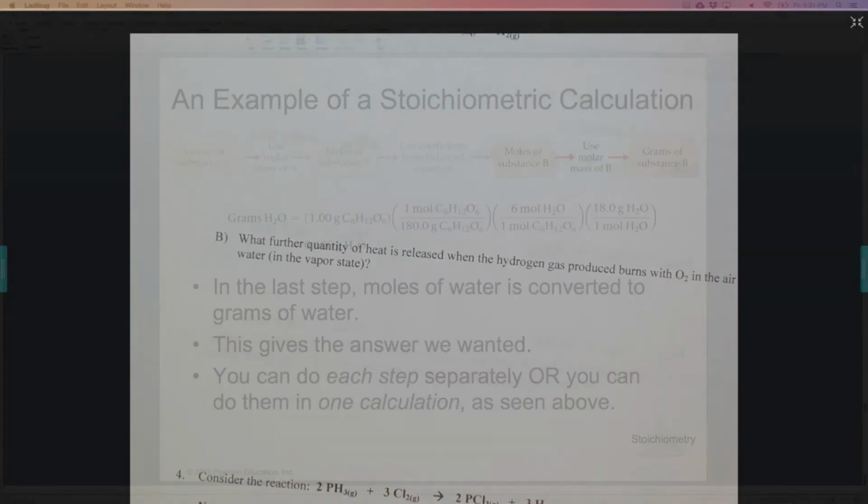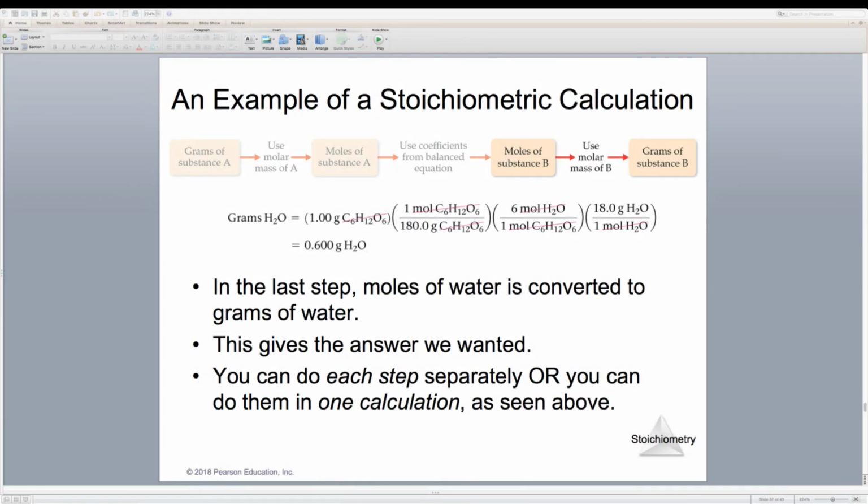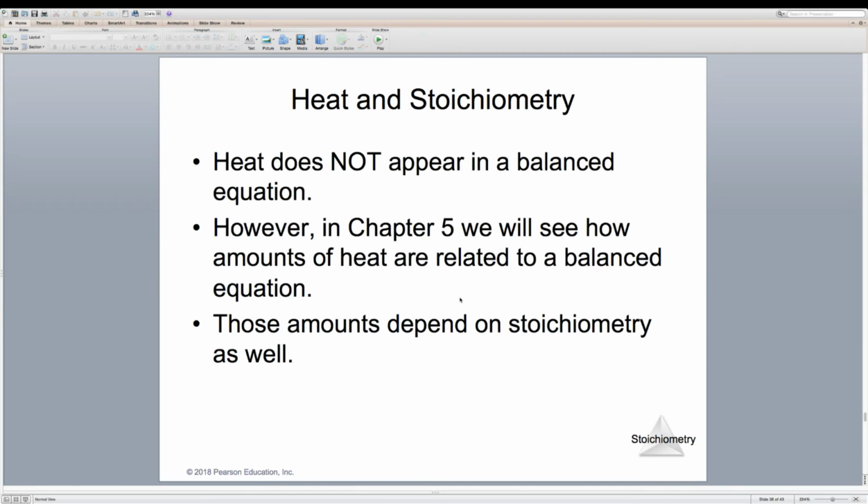Now, in the PowerPoint, we see that heat does not appear in our balanced chemical equation, but when we get into chapter 5, you're going to start to see how the endothermic and exothermic nature of chemical reactions is taken care of when we write out our chemical reactions. They are also proportional to our stoichiometry as well. The amount of heat released is all a function of a balanced chemical equation. It is proportional as well.